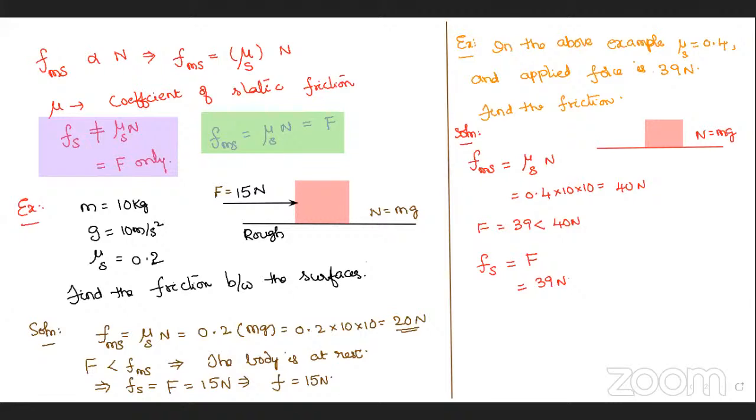In one problem, suppose the applied force is given as 40 newtons. Then immediately we check with the given value of mu what FMS is equal to. Suppose I got 39. Now I can say, sir, the applied force is greater than the maximum value of static friction. So the body comes into motion or stays at rest?